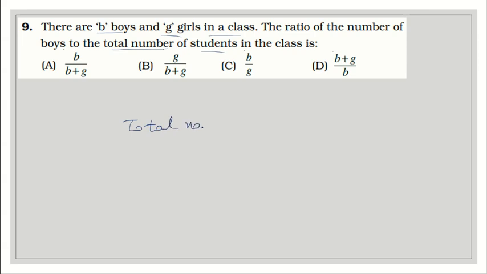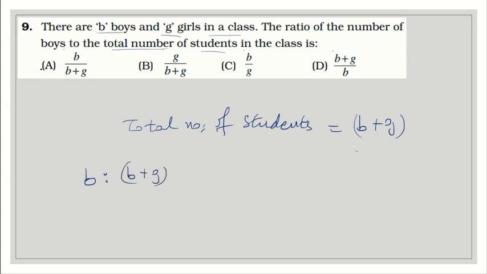So the ratio between the number of boys to the total number of students will be B is to B plus G, that is A is the right option. Then moving on to the last question of MCQ type. With that I will wind up this session.